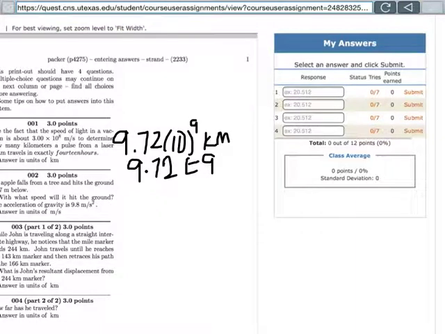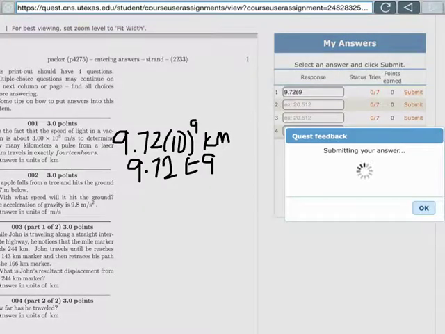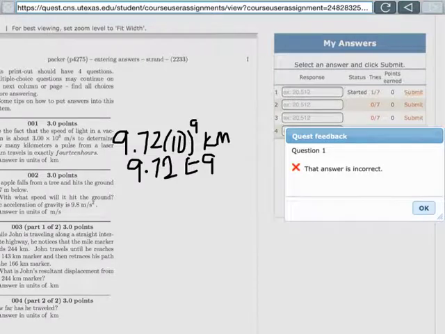And so we're going to do 9.72, and then we'll do E9. And then I'm going to hit submit and see what happens. And it's telling me my answer is incorrect.